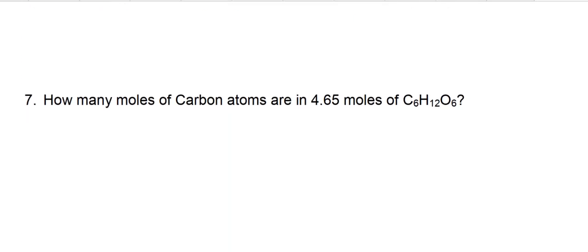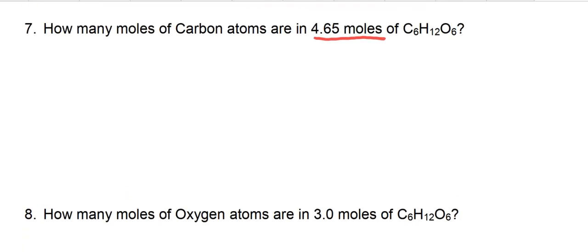How many moles of carbon atoms are in 4.65 moles of C6H12O6? Again, we set it up as a fraction: 4.65 moles of glucose, C6H12O6, over 1.